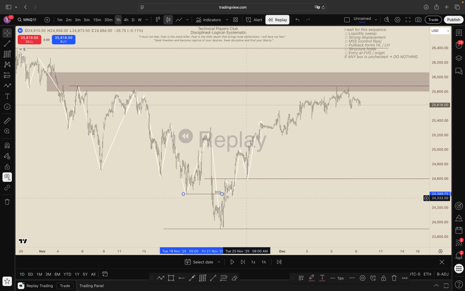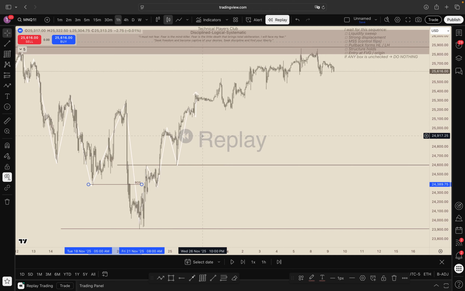Now, when you get this higher high right here, you're getting what we would call a breaking structure. This low is here, right? Taken by this level right here. All right, making lower lows. Boom, making lower lows.